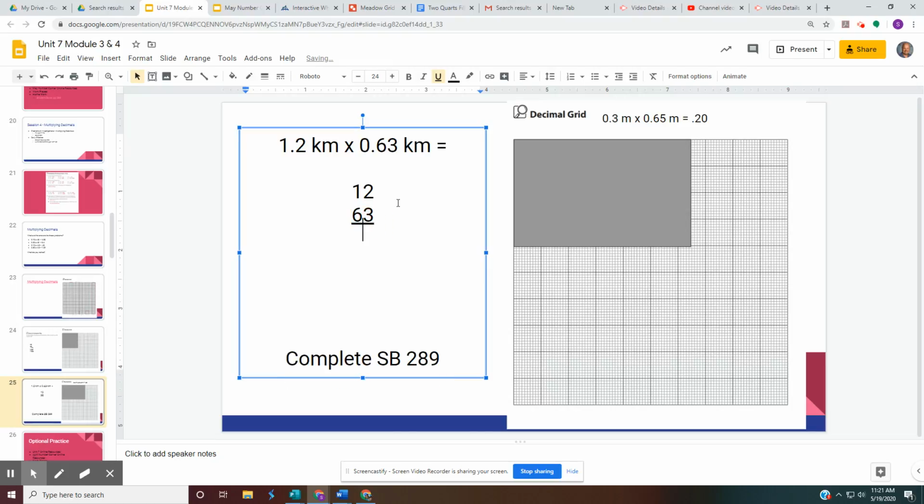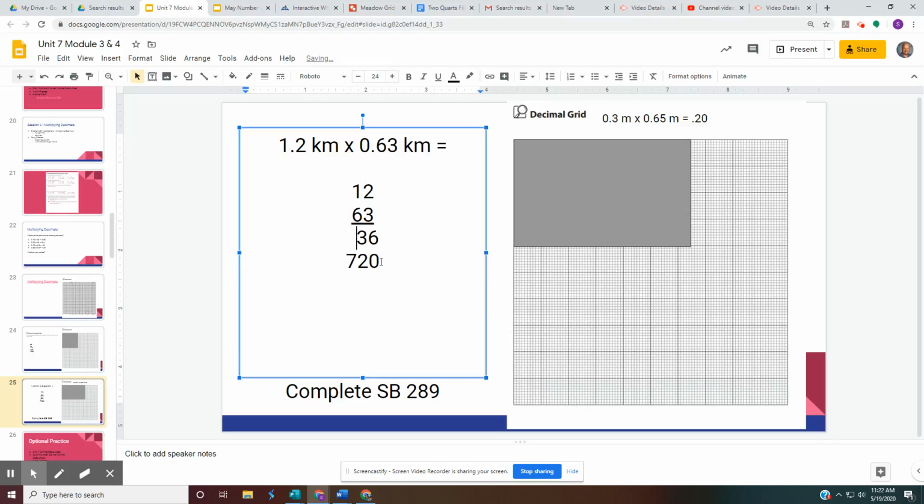Okay? 3 times 2 is 6. 3 times 1 is 3, right? 36. And I got to start with a 0 to go to my second row. 6 times 2 is 12. And then carry the 1. 6 times 1 is 6 plus 1 is 7. So that's 72, but I have to add a 0 here.